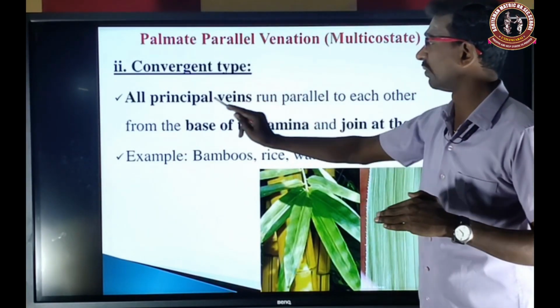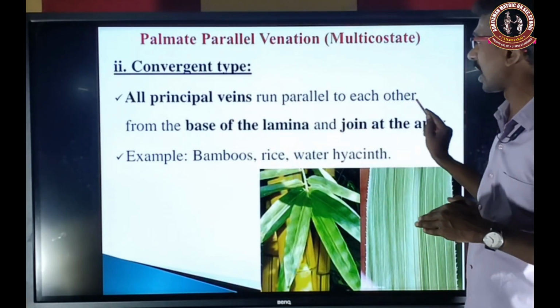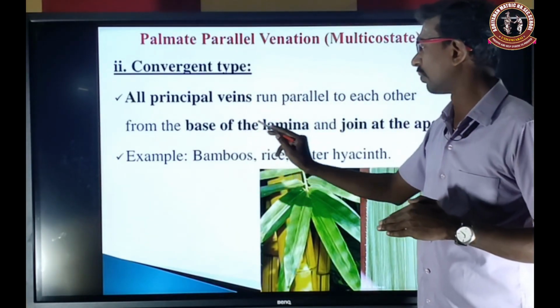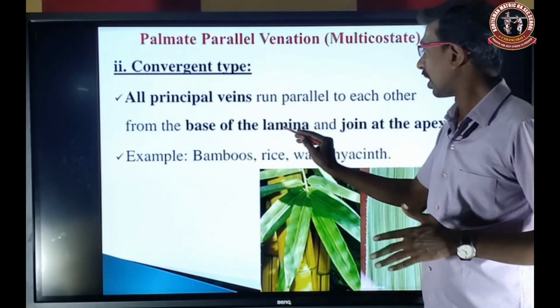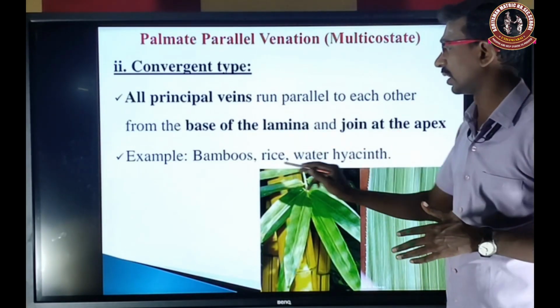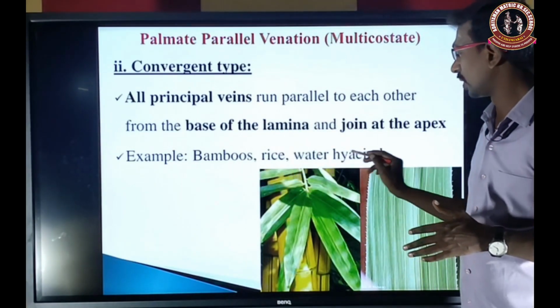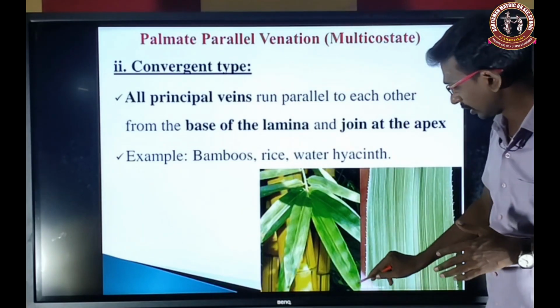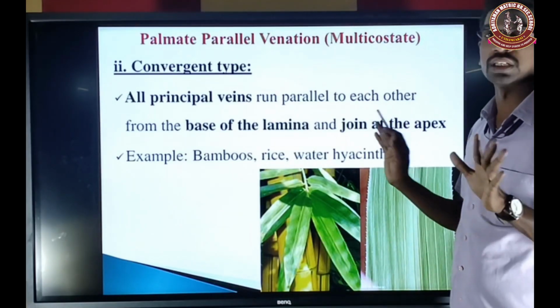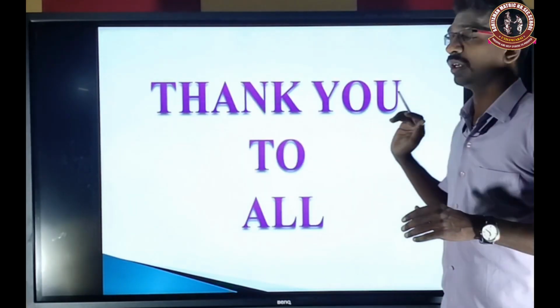Convergent palmately parallel venation: all the principal veins run parallel to each other from the base of the lamina and join at the apex. Examples: bamboo, rice, water hyacinth. So here they all meet at one point. That is convergent.